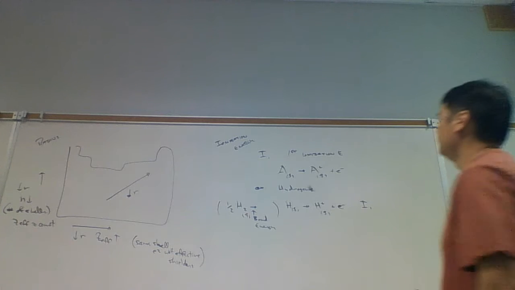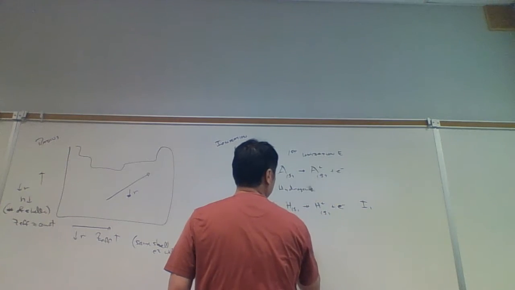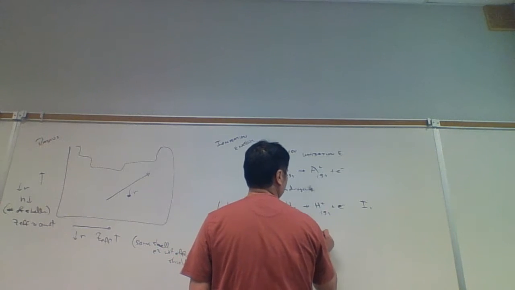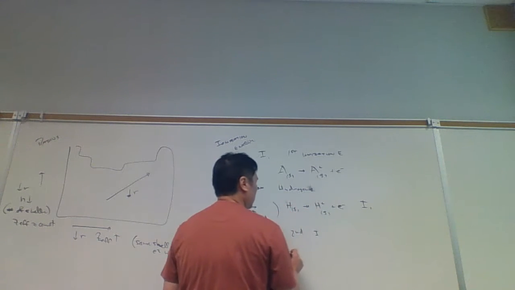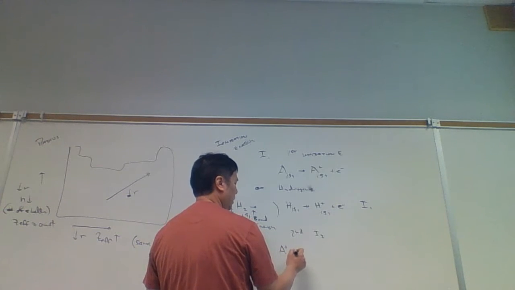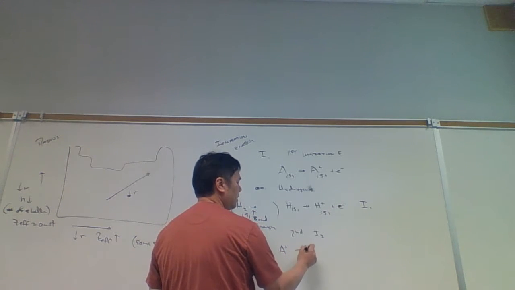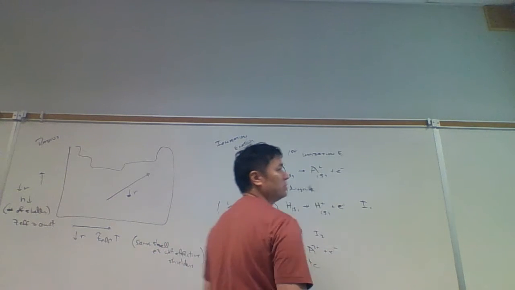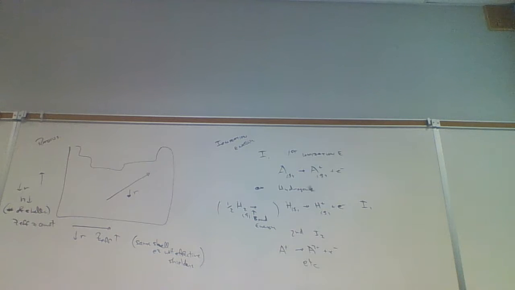And so I2 would be the second ionization energy. If there are additional electrons to be lost, we form A2 plus and an electron, etc. Just follow that pattern.